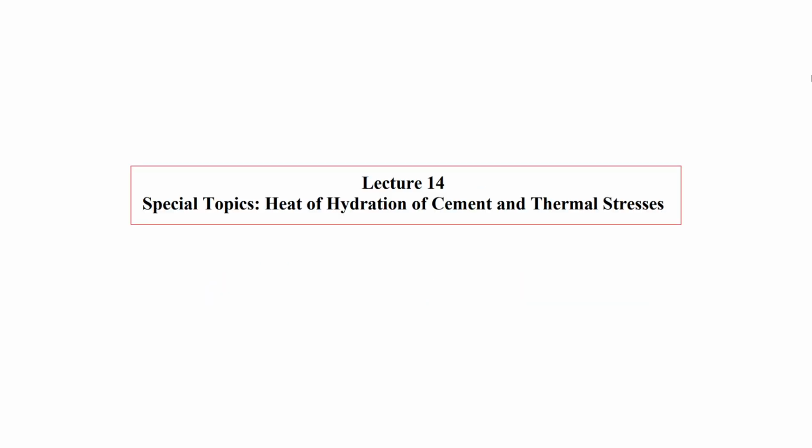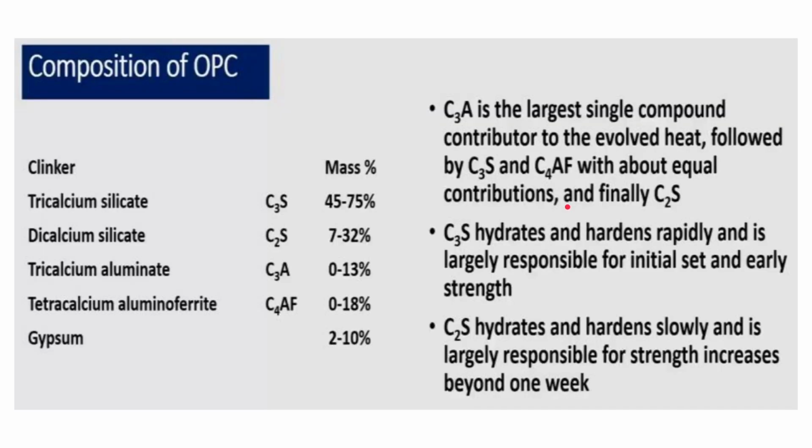Initially we will go through how the heat of hydration in cement and thermal stresses affect the concrete behavior. If we see the OPC composition from basics, the clinkers mainly compose of four compounds, also known as Bogue compounds, and apart from that, there is gypsum addition for delayed setting.